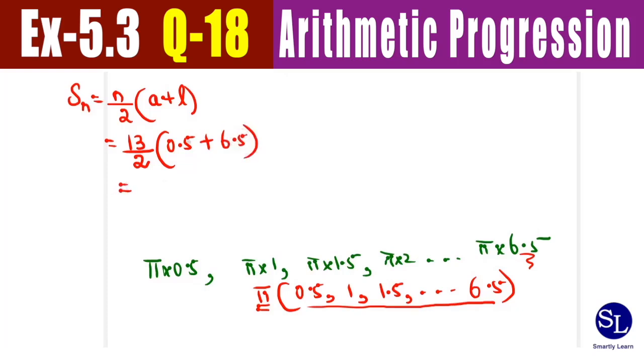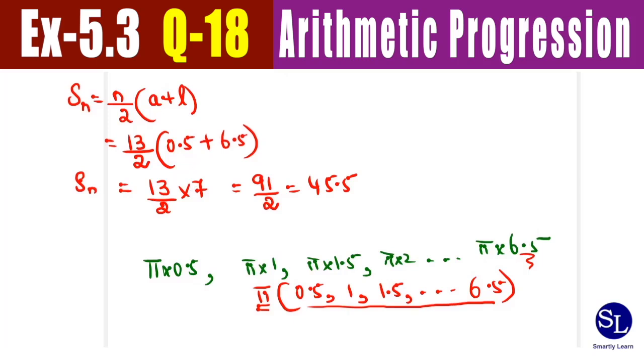So 6.5 plus 0.5 is 7. So 13 by 2 into 7 is going to be the Sn value. Converting it, 13 into 7 by 2 is 91 by 2. You can leave it as 91 by 2 or convert it into decimal as 45.5.